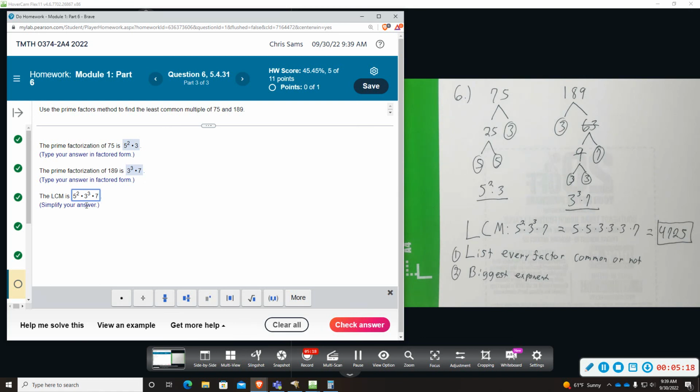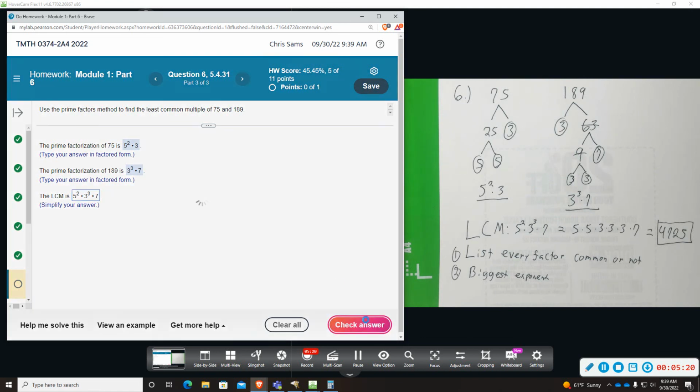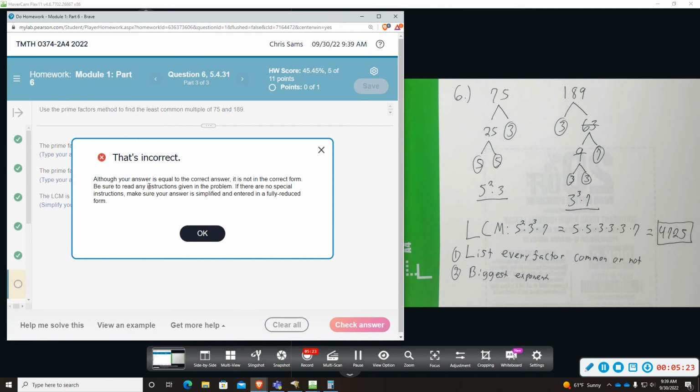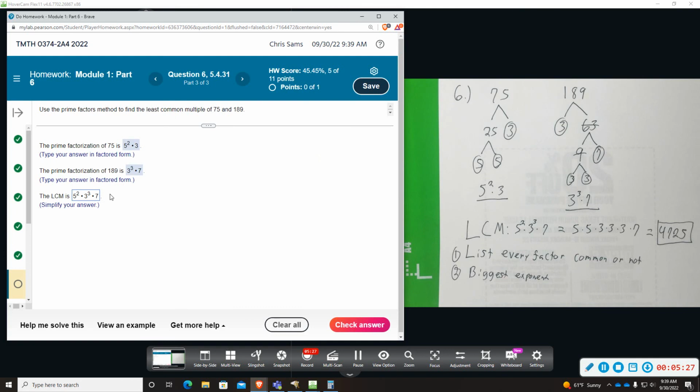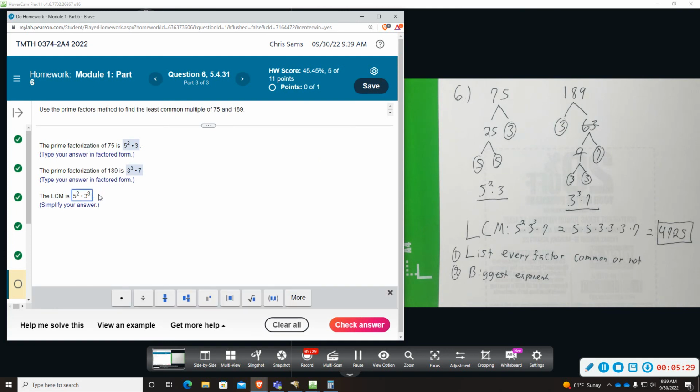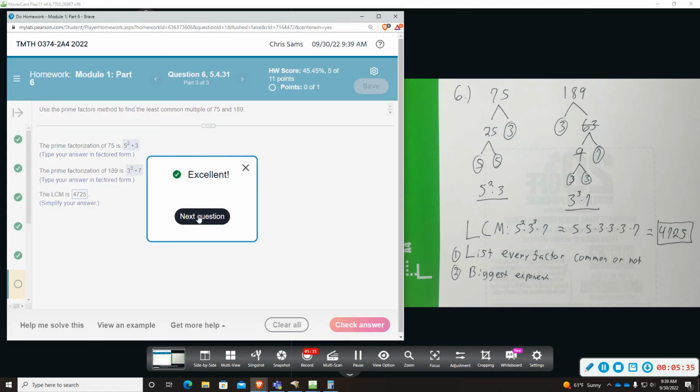Because it says simplify your answer, so that's one thing you want to see. So look, it says although your answer is equal to the correct answer, it's not in the correct form. So just make sure each time you find that least common multiple, you multiply it all the way out. So 4725, and then we're done.